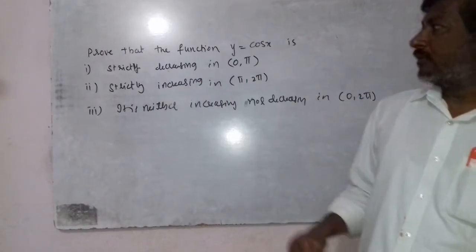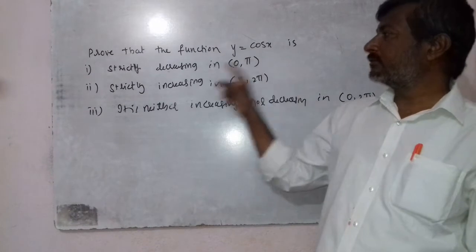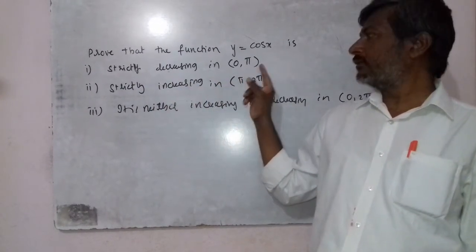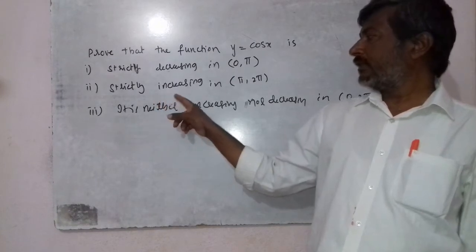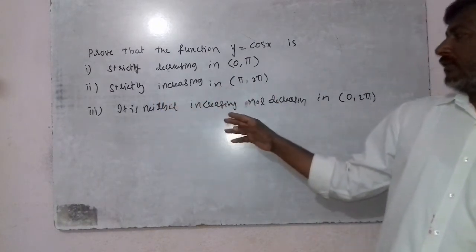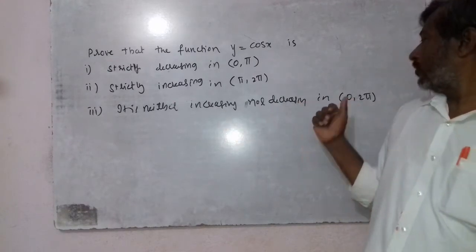So look at this problem. Prove that the function y equal to cos x is strictly decreasing in 0 to pi, strictly increasing in pi to 2 pi, and it is neither increasing nor decreasing in 0 to 2 pi.